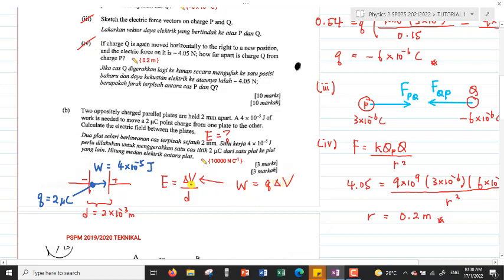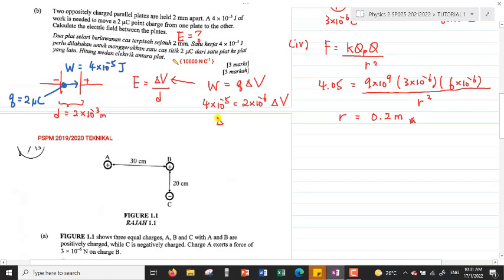So I can calculate the potential difference first. So work done is 4 to the power of negative 5. The magnitude of the charge that we move is 2 to the power of negative 6, 2 microcoulomb, delta V. So the potential difference between the two plates will be 20 volt. Then I put it here so I can find the E, the electric field between the two charged parallel plates.